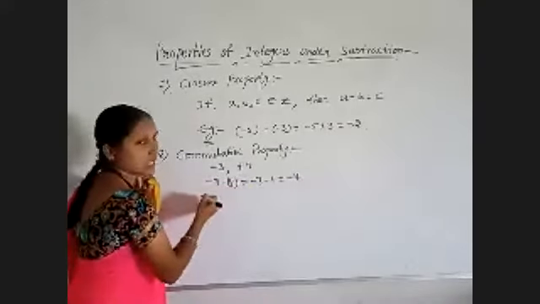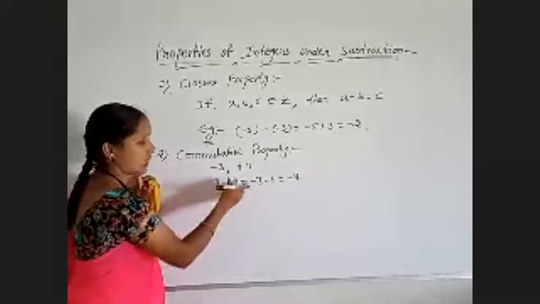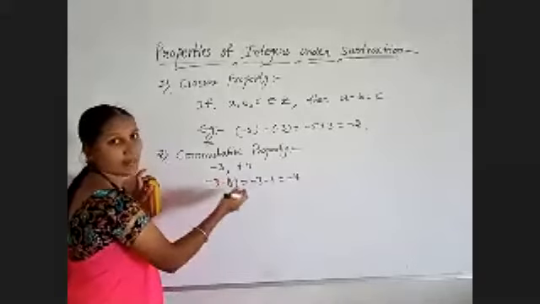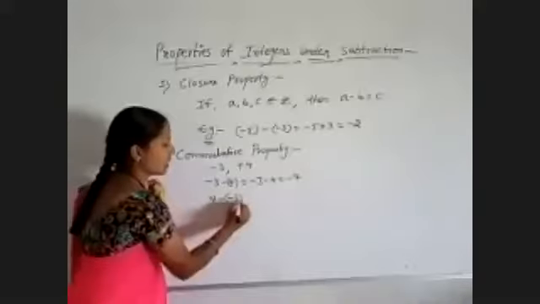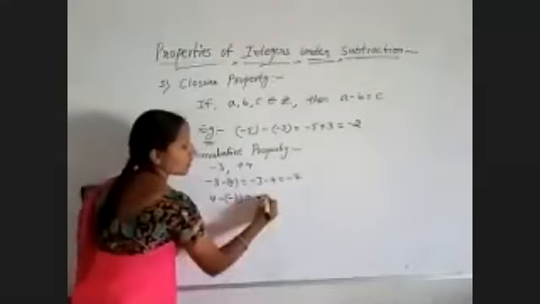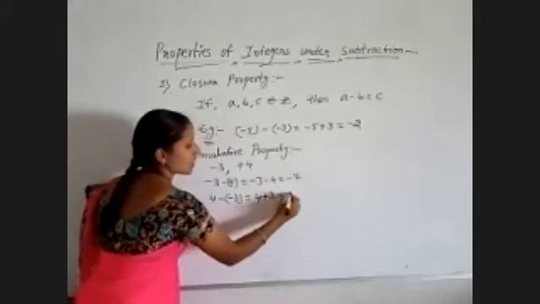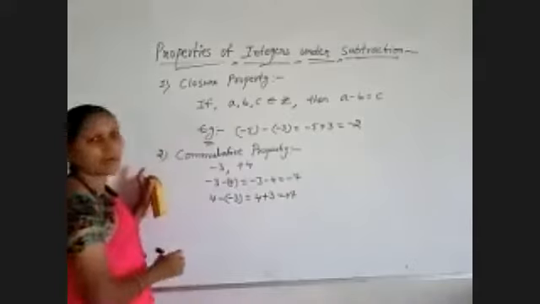Now interchange the numbers. For the first I am writing plus 4 minus of minus 3. Minus into minus will be equal to plus, so 4 plus 3, both positive, is equal to 7. Because both are positive, we get the positive result.